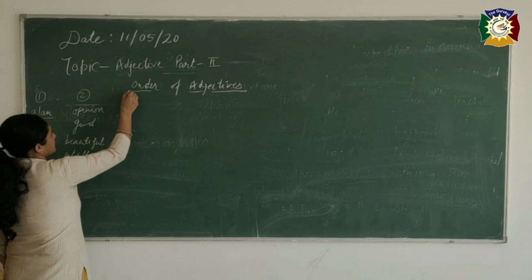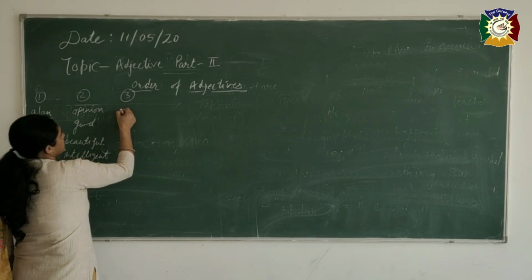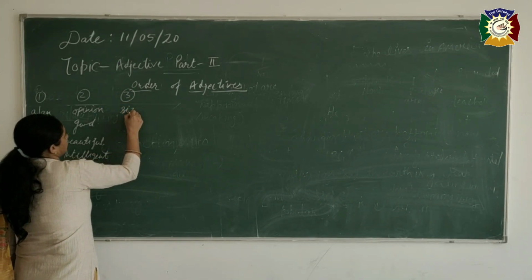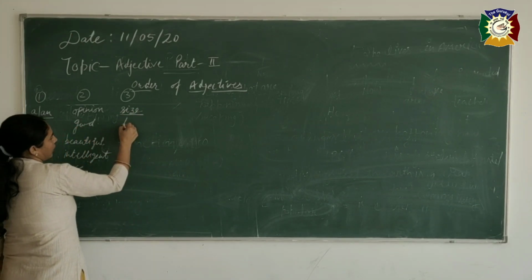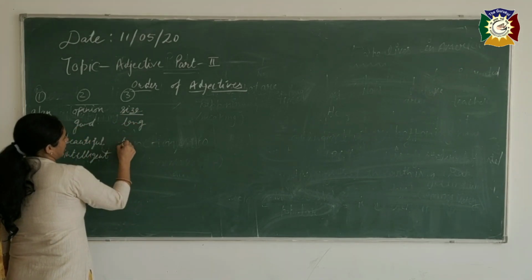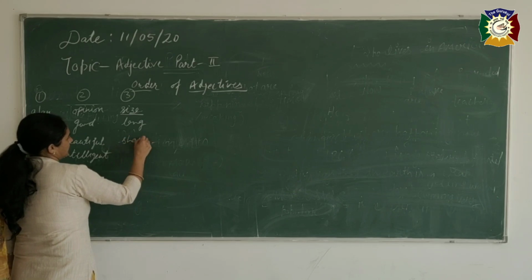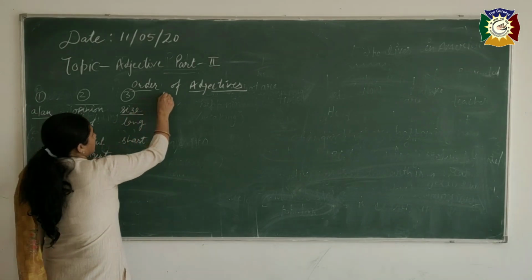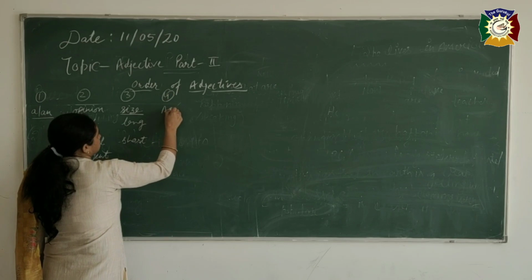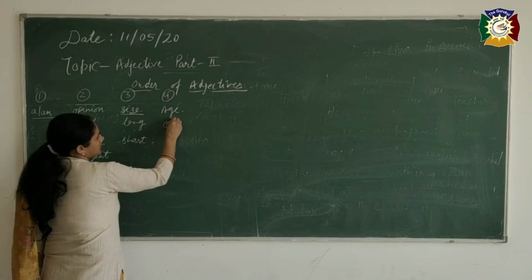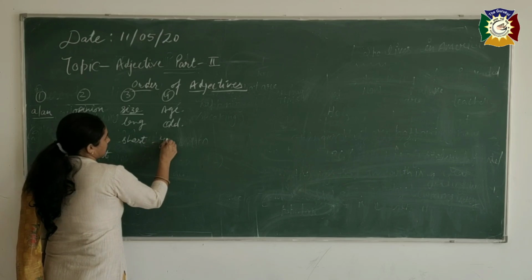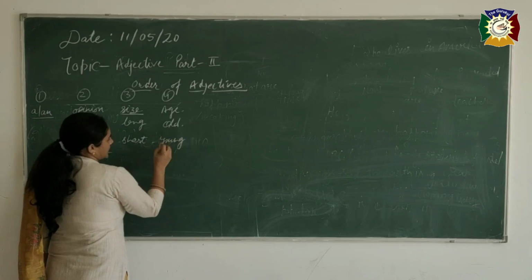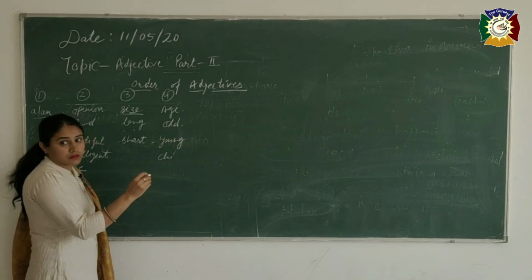Third comes size. What is size? It may be long, short. Then age: old, young, child.